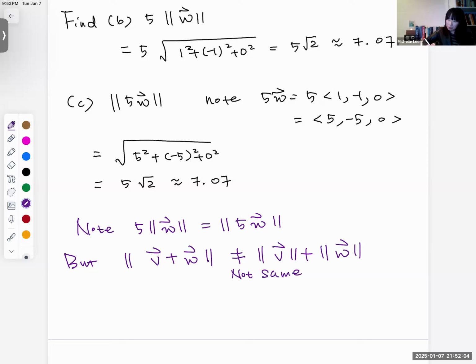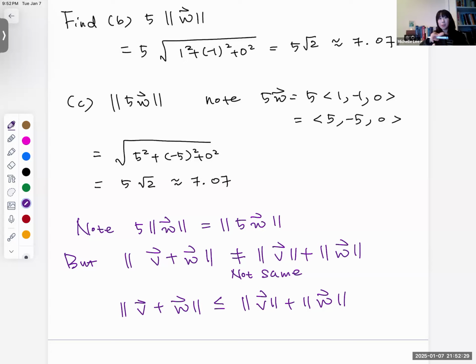And we have the magnitude of v plus w is less than or equal to the magnitude of v plus the magnitude of w. So if they're not the same, then how do we conclude?